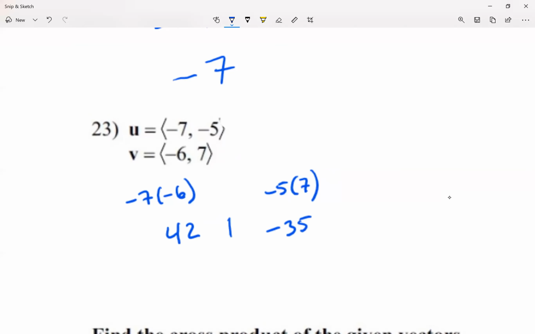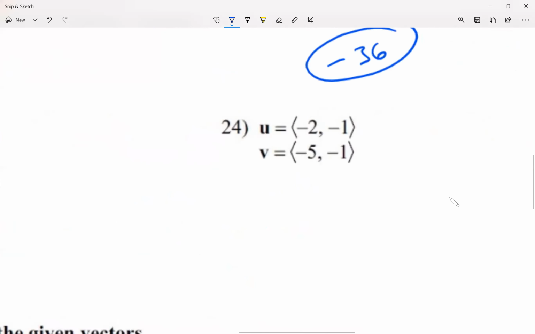I'm adding these two values, but we learned back in elementary school that when we add numbers that have different signs, a positive and a negative, we subtract the values and keep the sign of the larger number. So in this case, it's going to be +7.